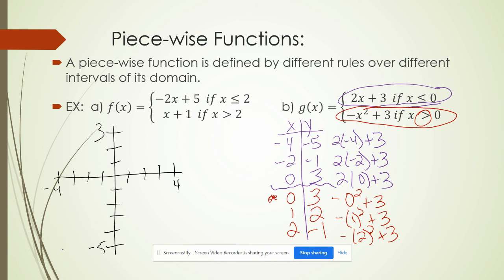We have -4, -5, -2, -1, and 0, 3. 0, 3 is going to be filled in for the purple because of the equal to. And there's that line. And then I'm going to go back to the maroon here. We have 0, 3. That would be an open circle there for the maroon. 1, 2. And then 2, -1. You can see this is starting to look like part of a parabola here. So there's the other part of that graph.